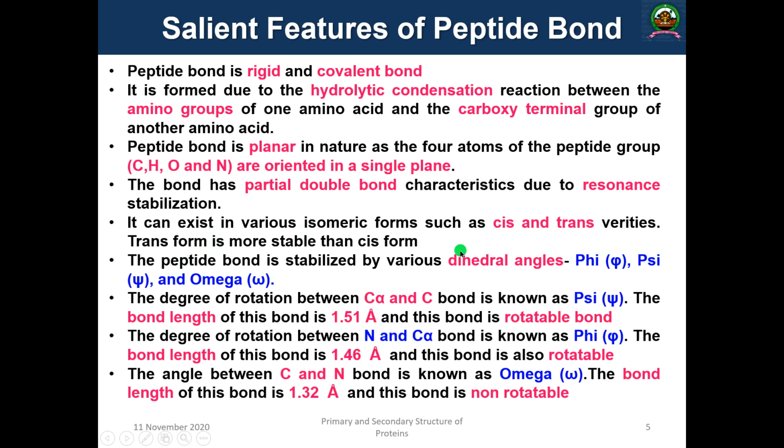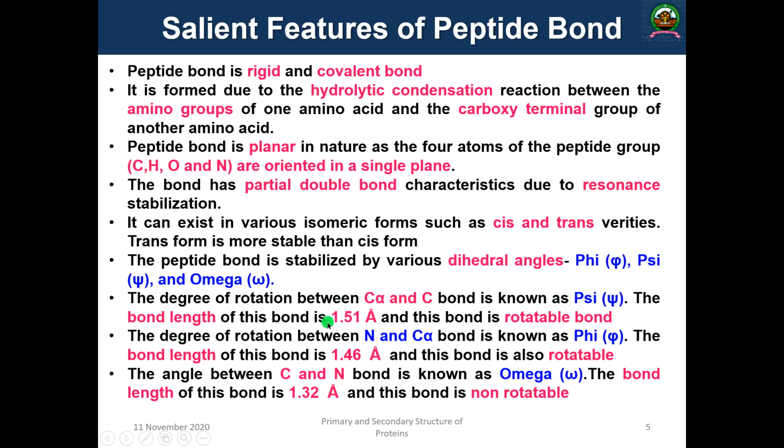The most important salient feature of a peptide bond is that it has 3 dihedral or torsion angles, known as phi, psi and omega. Two bonds are rotatable and 1 bond is non-rotatable. The degree of rotation between C alpha and C in a peptide unit is known as psi, the bond length is 1.51 angstrom, and it is rotatable.